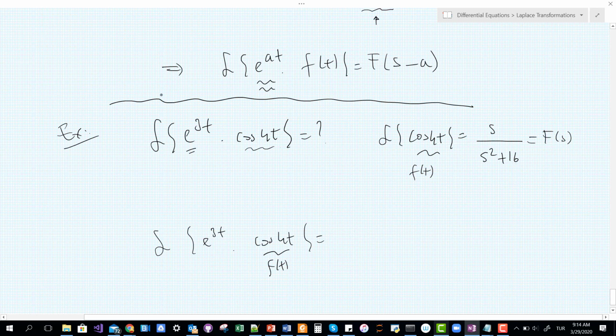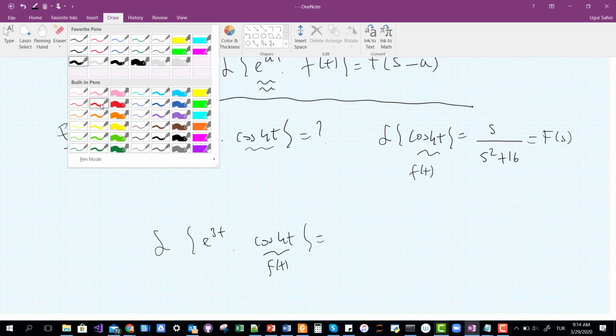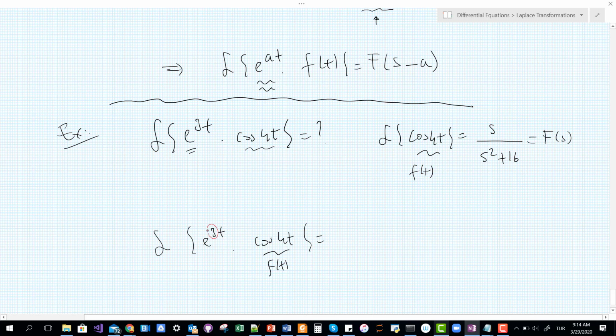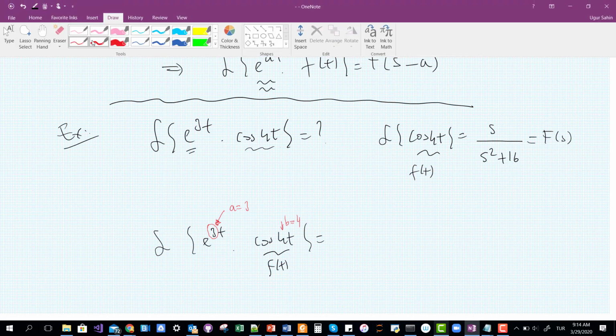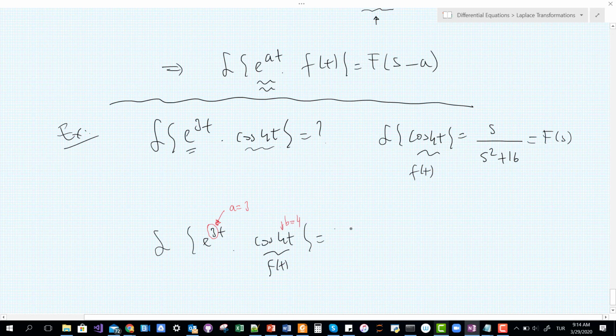I shift by the number on top of the e function. So a is equal to 3 here, and b is equal to 4. I'm going to shift by a. How am I going to shift it? S minus that number. Let me use a different color for this one.